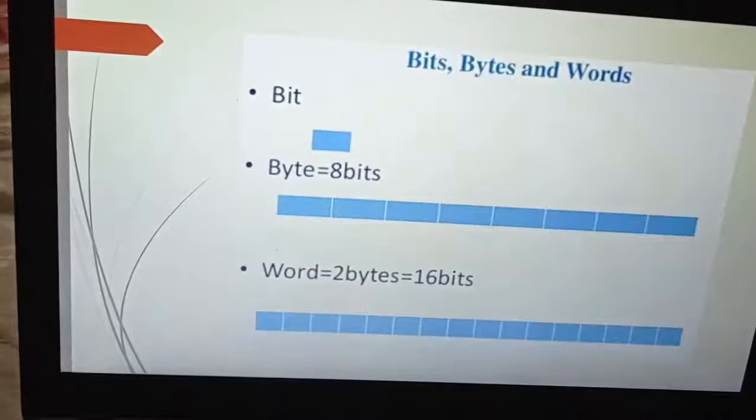So this is bit, byte of 8 bits, and word of 16 bits.